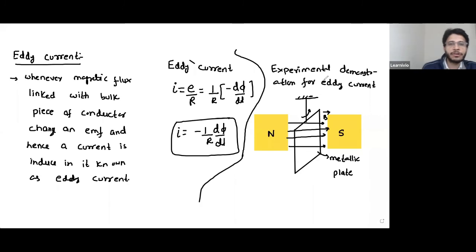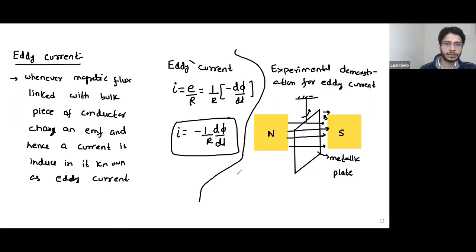It's basically a laboratory thing. So if you take two magnetic pole pieces and you try to move a metallic plate in between, then the motion of that metallic plate is restricted. It will not move continuously, it will stop in between. And that restriction basically shows there is some eddy current in the plate.